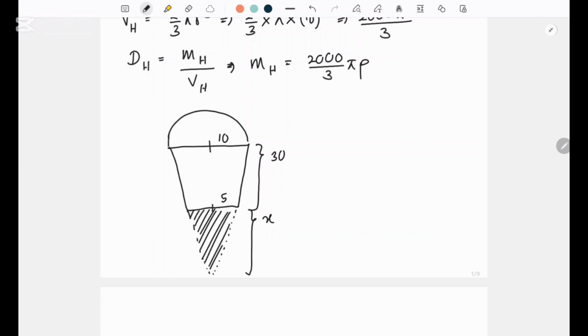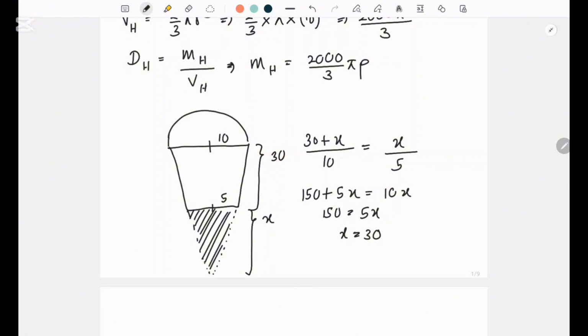So the larger cone's height is going to be 30 plus x, over the radius of the large cone, which is 10, equals the height of the smaller cone, x, over the radius of the smaller cone, which is 5. So 150 plus 5x equals 10x. So we get 150 equals 5x, x equals 30, right?